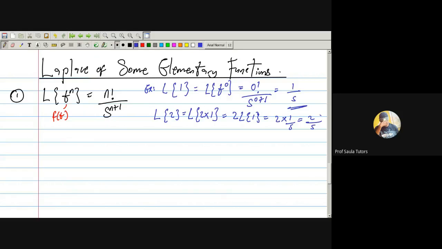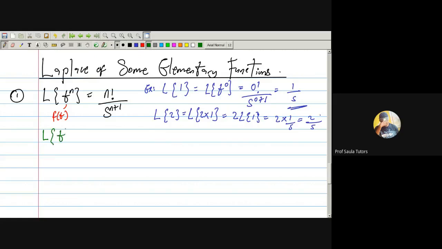So the Laplace transform of 1 is 1 over s. Laplace transform of 2, 2 over s. Laplace transform of 10, 10 over s. Laplace transform of 100, 100 over s. Do you see that? Exactly.